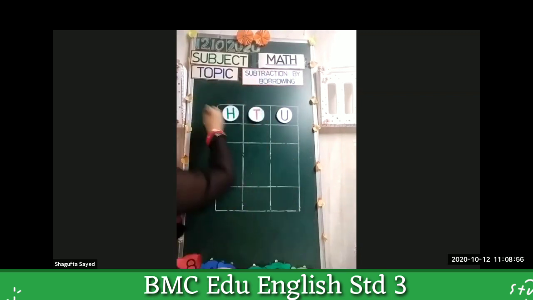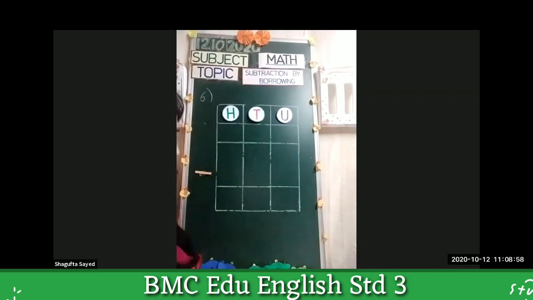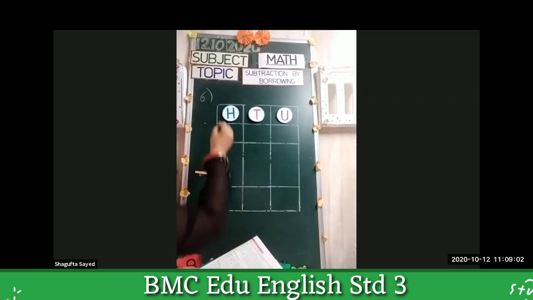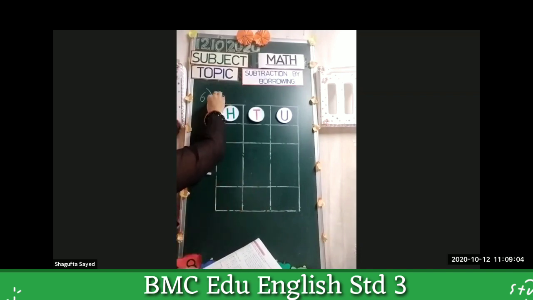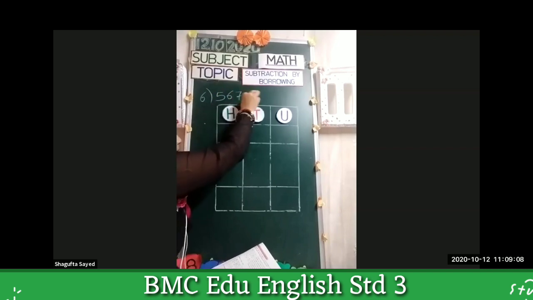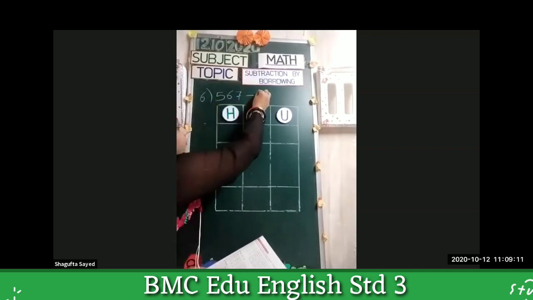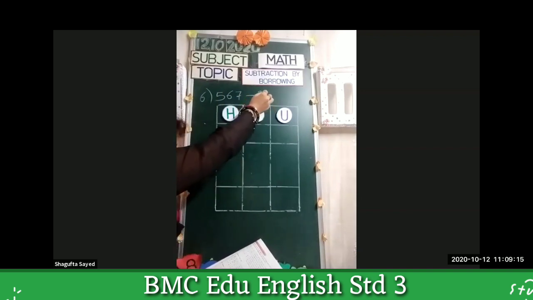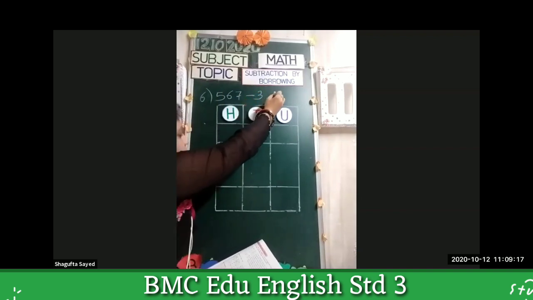Next sum, I think this is the sixth one, right? Now the sixth sum we are going to do is 567 minus 348.